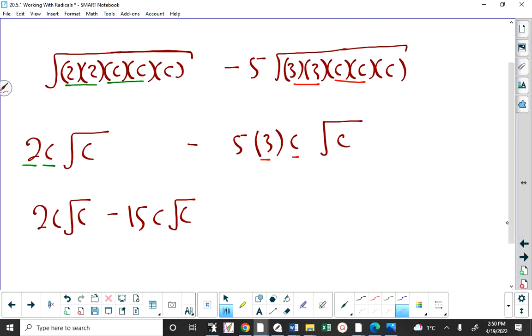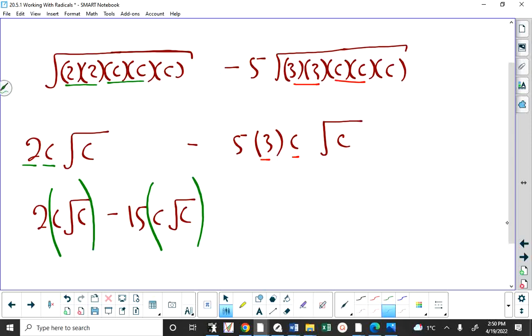The hint I would give you is I don't think it's wise to think of this as, listen very carefully, 2c root c's. Think of it as 2 c root c's, minus 15 c root c's.